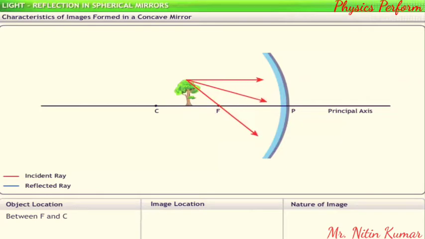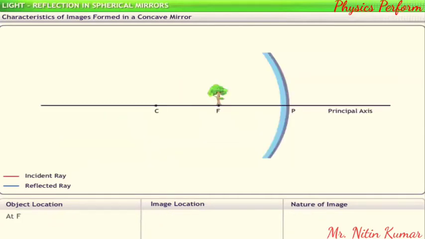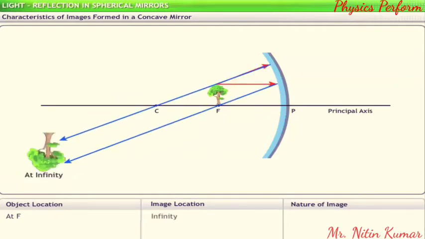When the object is placed between the principal focus F and the center of curvature C, the image is formed beyond the center of curvature C. The image in this case is real, inverted, and magnified. When the object is placed at the principal focus F, the image is formed at infinity.